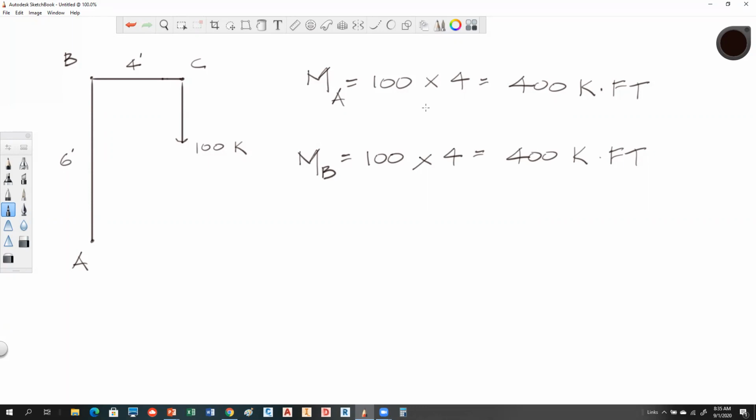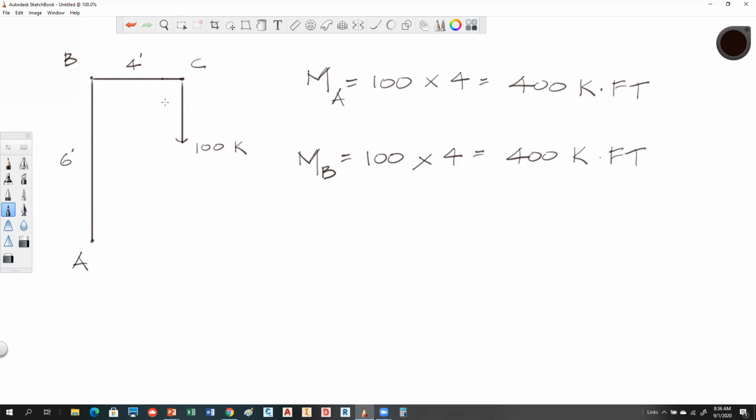Okay. So there's another thing I didn't talk about. Notice that your force is going down. So moments have an implied direction to them, okay? Either clockwise or counterclockwise. So truly, you can see if I'm sitting at A, it would be tending to spin this guy clockwise, and same thing at B. So a lot of people are going to define clockwise as positive and counterclockwise as negative.